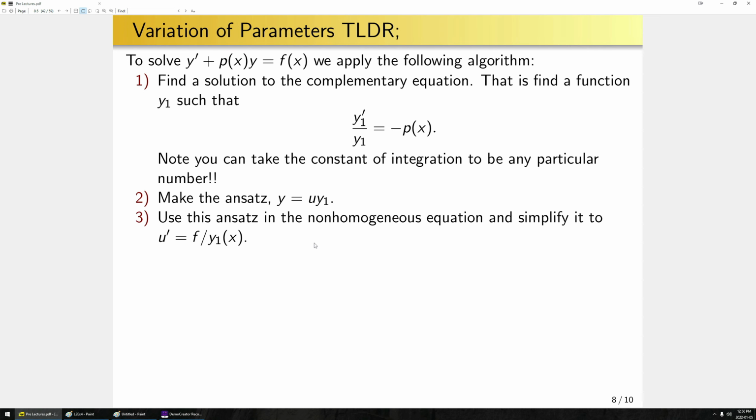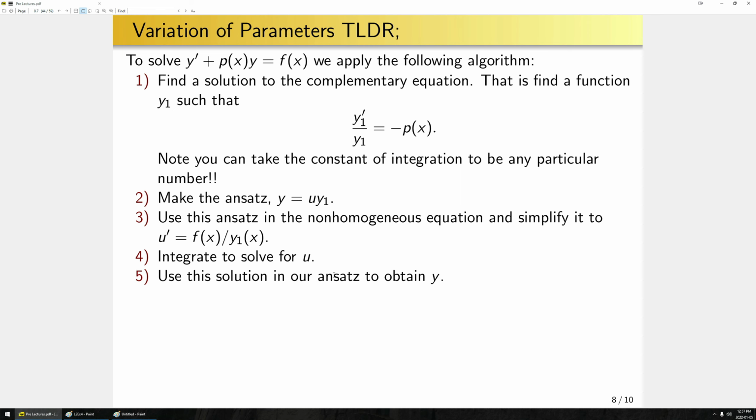When we make this ansatz and plug it into this non-homogeneous equation and simplify it, that will simplify to the equation u prime is equal to f of x divided by y1 of x. Once I have an equation of this form, I then want to integrate this to solve for u. We'll again get an arbitrary constant, but this constant you can't pick to be a particular value, because that's the constant that you get for your general solution.